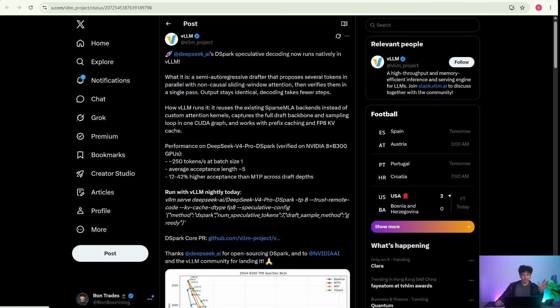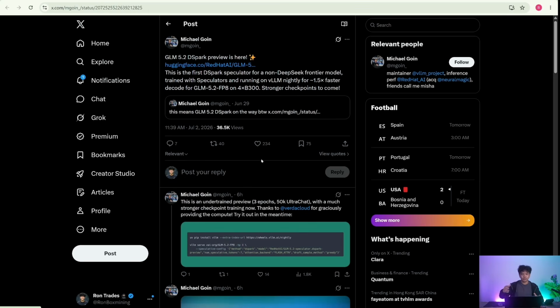In other news, vLLM just landed native dSpark speculative decoding support for DeepSeek models, and they reported around 250 tokens per second on 8xB300 with improved acceptance rates over MTP. So if you're running DeepSeek models in production, this is a massive throughput win. And you compare that to the GLM 5.2 dSpark preview, it's claiming roughly 1.5x faster decode.